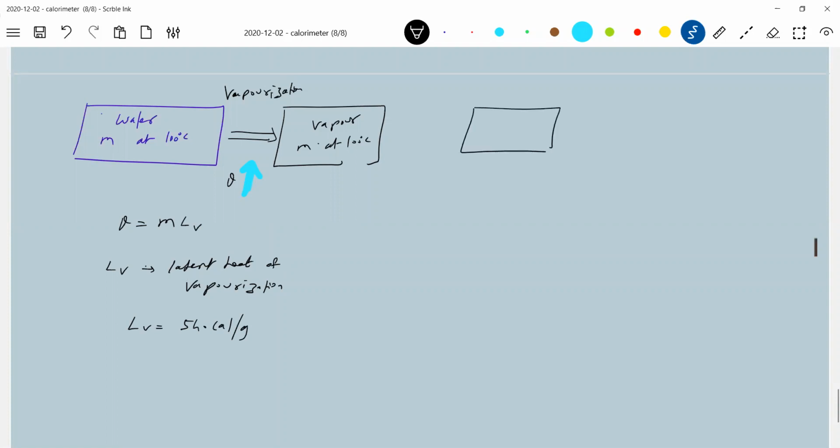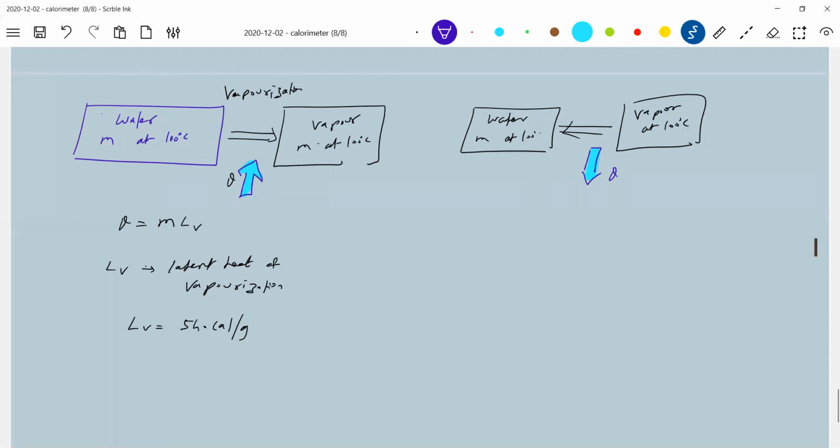Similarly, if a vapor at 100 degrees Celsius becomes water at 100 degrees Celsius, this is called condensation.